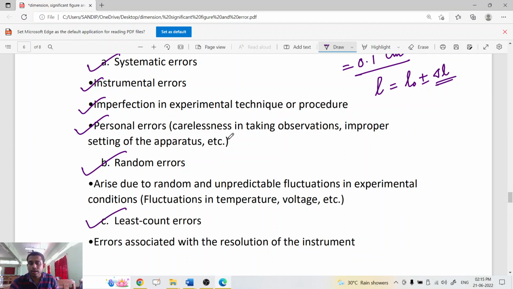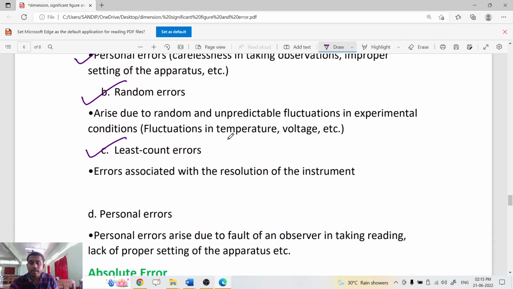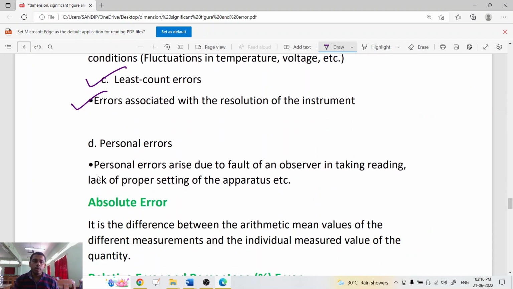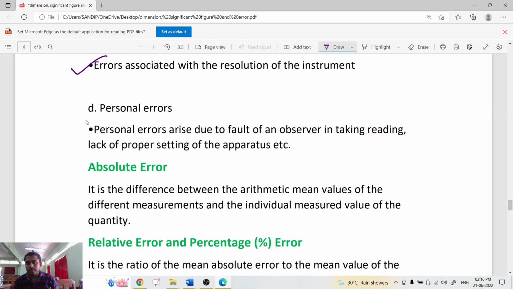And the third, the least count error, is basically an error arising due to the instrument. In general if we find different quantities, we have to use different instruments, and for different instruments there are different types of errors. So least count error means the error associated with the resolution of the instrument. And the last one is the personal error, which arises due to the fault of an observer in taking a reading, or lack of proper setting of the apparatus.